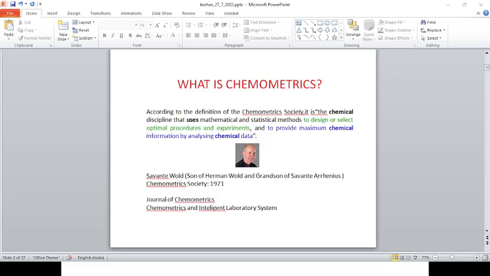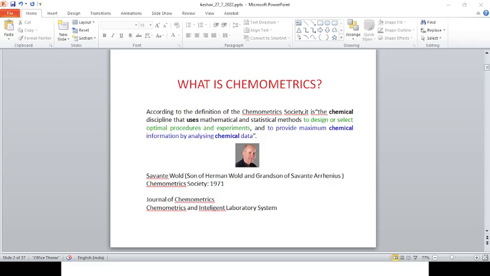That's one part. The first part of the definition talks about the design of experiment, and then we go to the next part that says, and to provide maximum chemical information by analyzing chemical data. So, these are like two things. One is before data acquisition, how chemometrics helps you, and after the experiment, when you have collected the data, how chemometrics helps you.